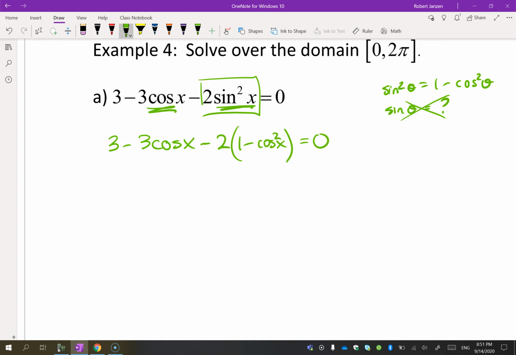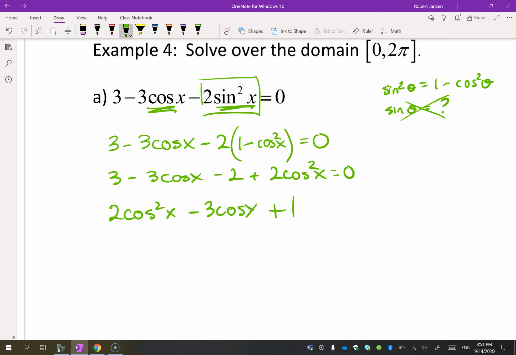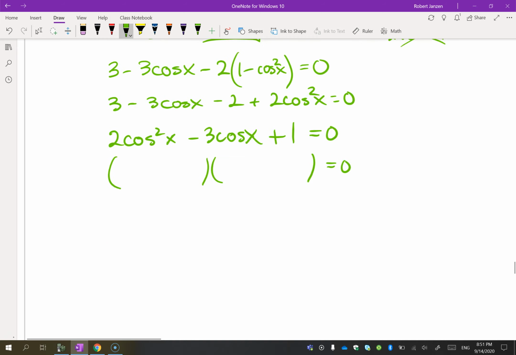Okay, now you can see I have a trig equation with only cos in it. So let me clean this up. We'll collect like terms here. And then I'm going to rearrange it. And factor it. So, cos x is a half, cos x is 1.